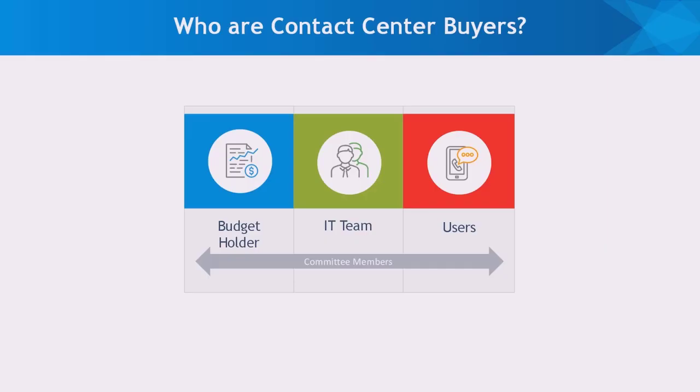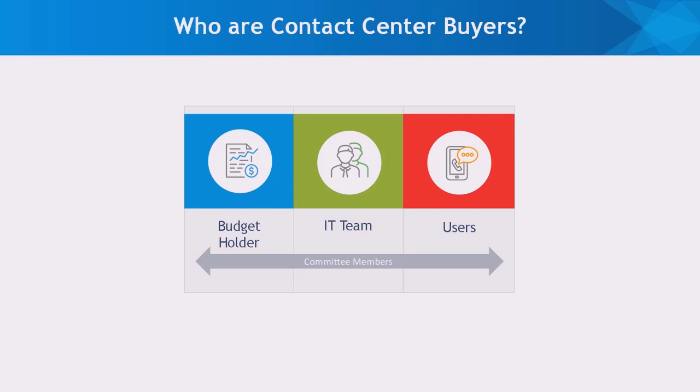this CCaaS product is purchased almost by a committee decision, and those committee members would be the budget holder, who also would most likely be the business user, or whoever is responsible for customer service in that company. In a very small company, it could be the owner or the CEO who is also juggling the customer service responsibilities.